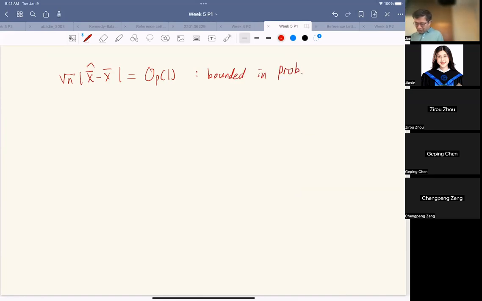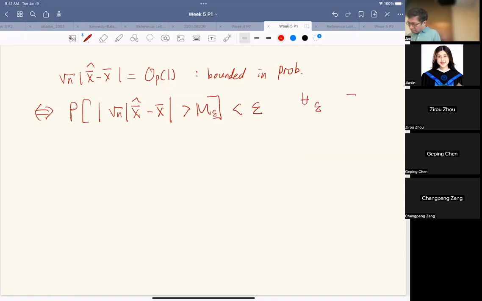The definition of this one is that given epsilon, we can find M such that this probability statement is true.